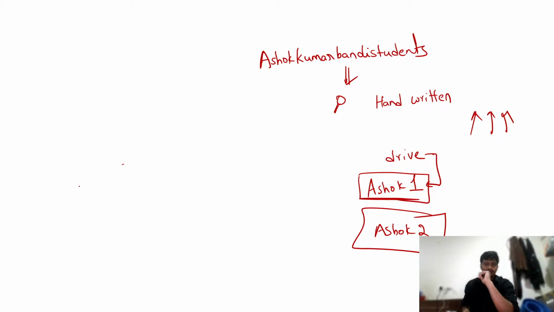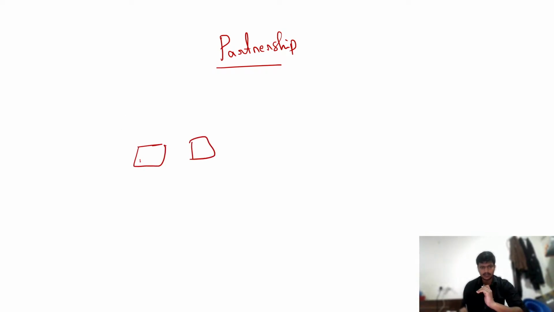Let's go. Now we are going to start a topic called partnership. Guys, I want you to be interactive for now. Why? Because partnership is a very easy topic. You can get more marks from this one. Now see, what is meant by partnership first? Partnership simply means that some people are going to start a business.